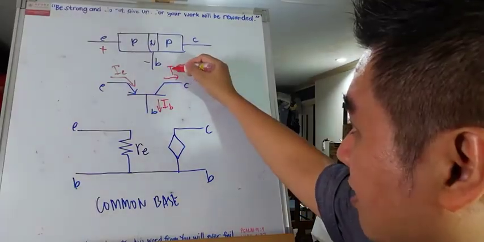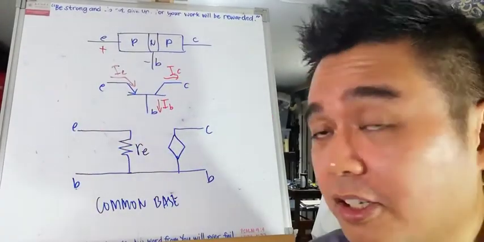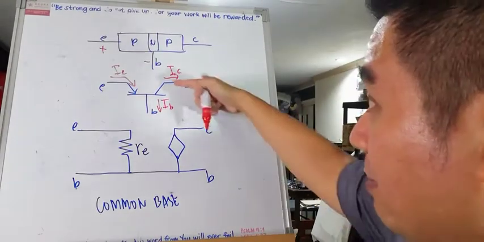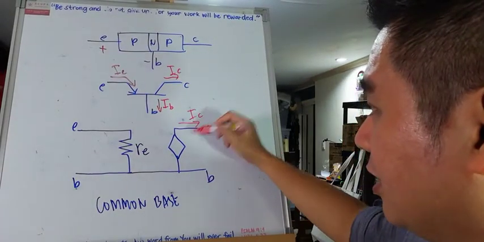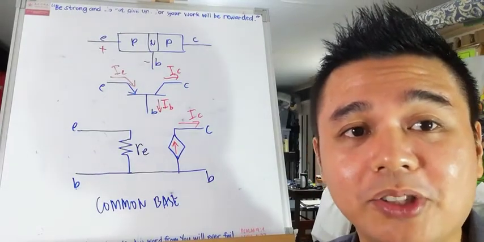No need to write I sub B dito sa ating R sub E model. Ang concern lang natin is yung I sub E tsaka yung I sub C. So, papalabas yung I sub C. Ito yung I sub C natin. Kaya pataas yung direksyon ng ating dependent current source.